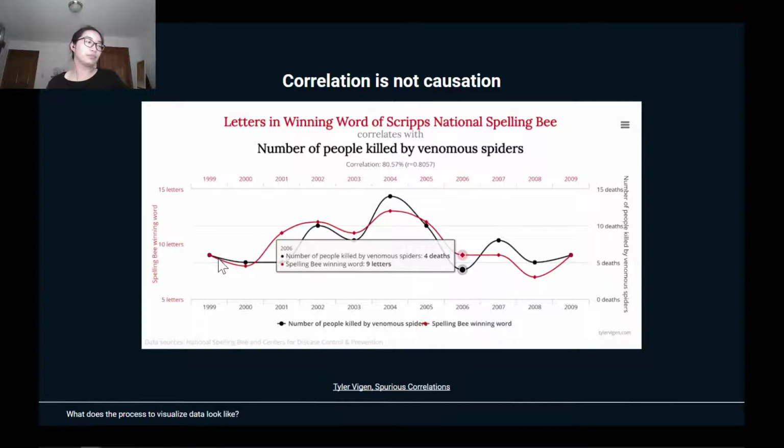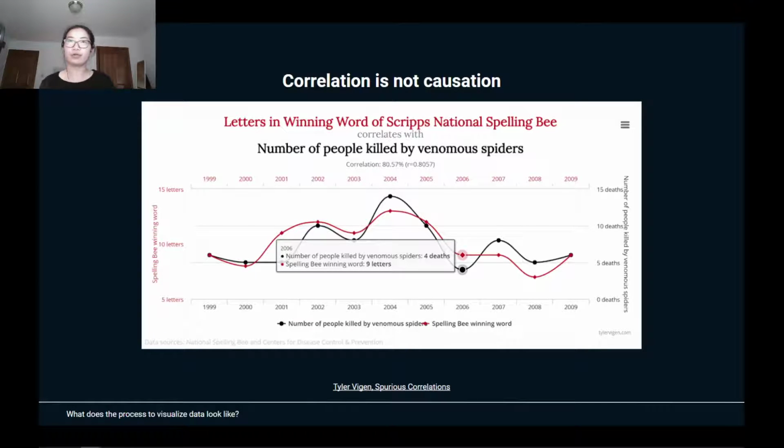And this is a correlation between the number of letters in the spelling bee winning word versus the number of people killed by venomous spiders. Makes no sense, right? Just because one year you had a large number of letters in the winning word, and someone also got killed, doesn't make sense.